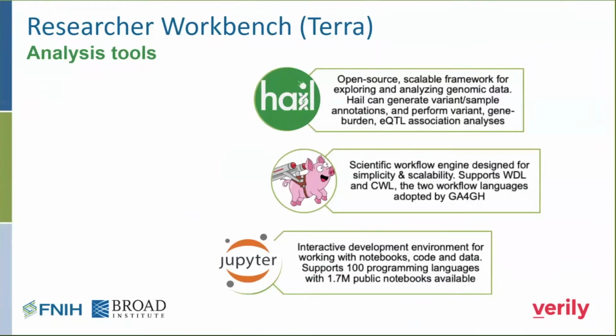The second is a scientific workflow engine designed for simplicity and scalability called Cromwell, and its mascot is James the Pig. It has a background that you can read about on Terra. This is what's used to access the Google Compute Engine in the cloud. It's what goes between the Workbench platform and the Compute Engine. And I'll talk a little bit more about that when we actually use it.